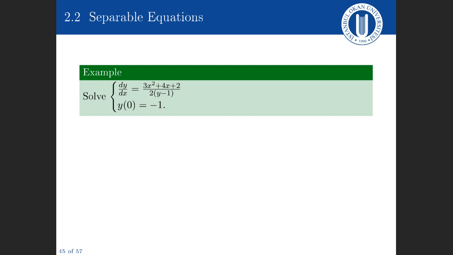Let's do an example. Solve dy/dx is equal to (3x squared plus 4x plus 2) divided by (2y minus 1) with the initial condition y of 0 is minus 1. We can rearrange our differential equation like this.